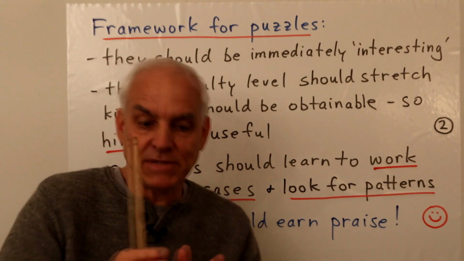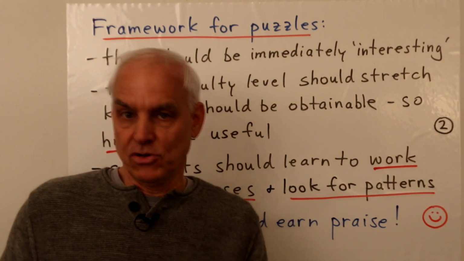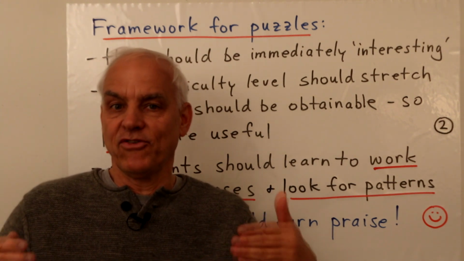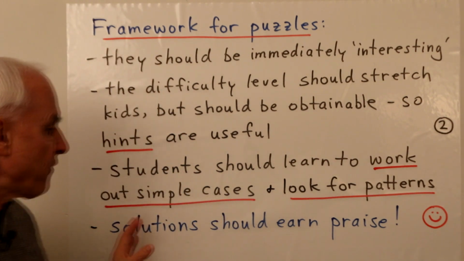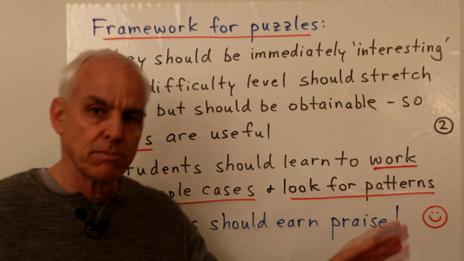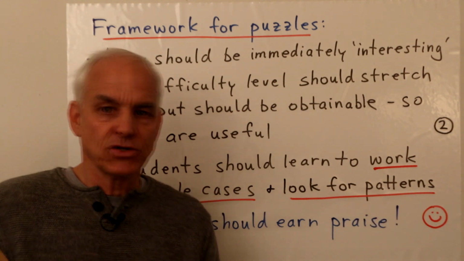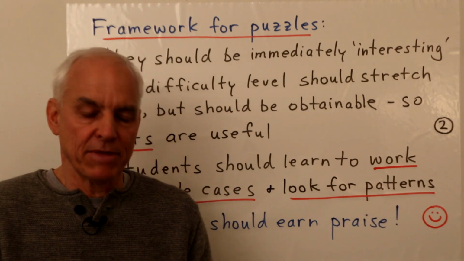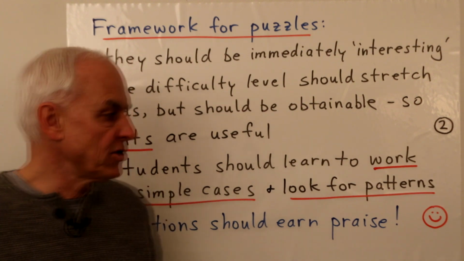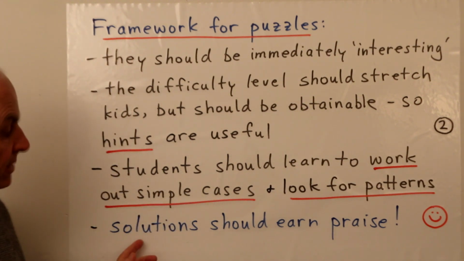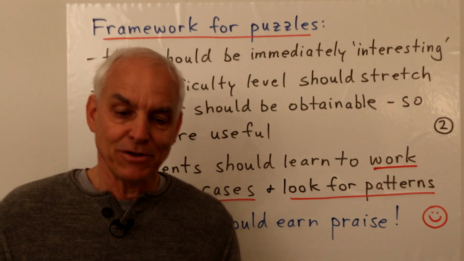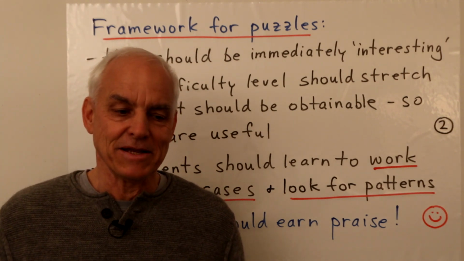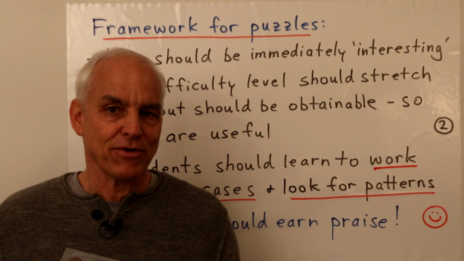Then we can perhaps even start seeing a pattern in what's going on, and that will give us some insight into the more general situation. So looking for patterns is an important part of solving problems, something that we want to encourage students to start doing. And students should earn some praise. If they have a nice solution, praise them and congratulate them for their efforts.